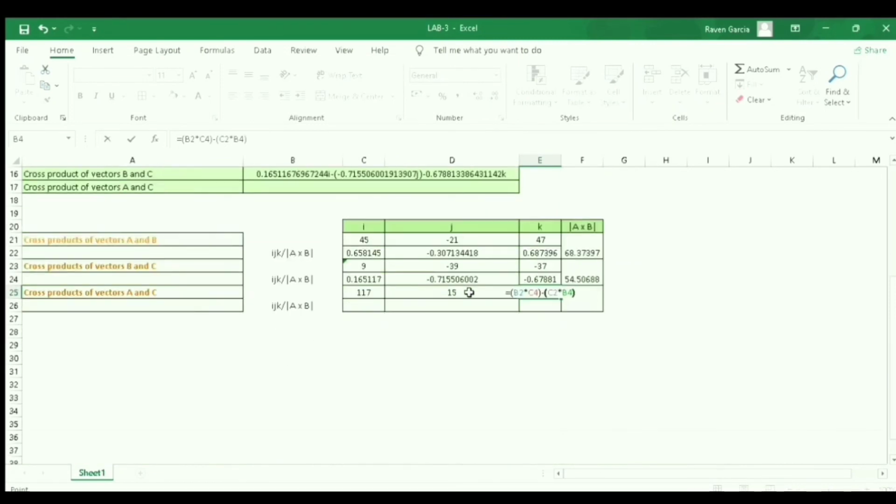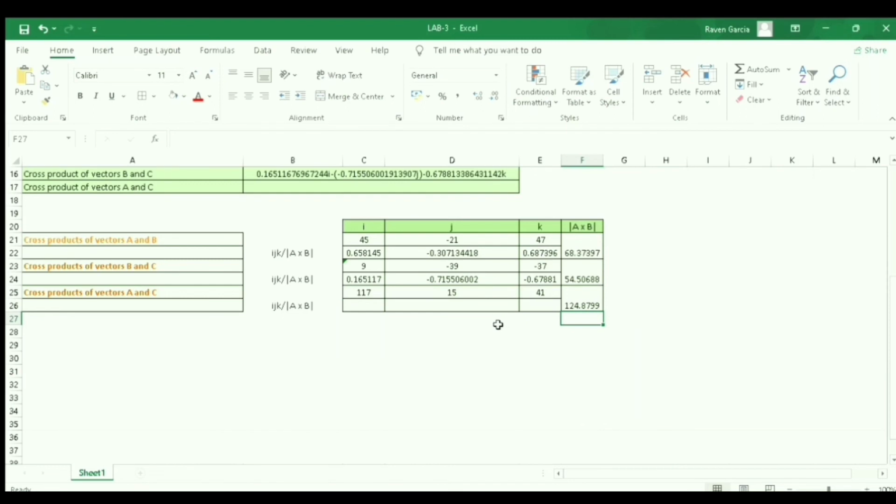Now, let's solve for the magnitude. Input the formula equals ABS open parenthesis square root parenthesis C25 parenthesis raised to 2 plus parenthesis D25 parenthesis raised to 2 plus parenthesis E25 close parenthesis raised to 2 and close parenthesis for the absolute value, and we get the answer of 124.8799.